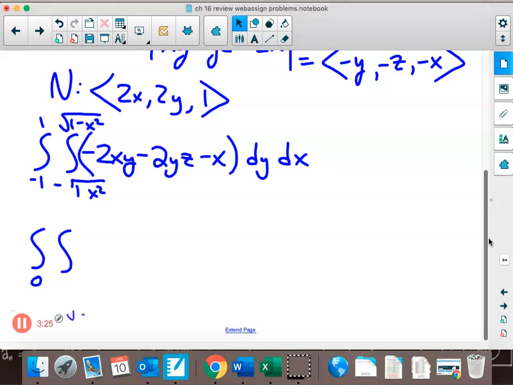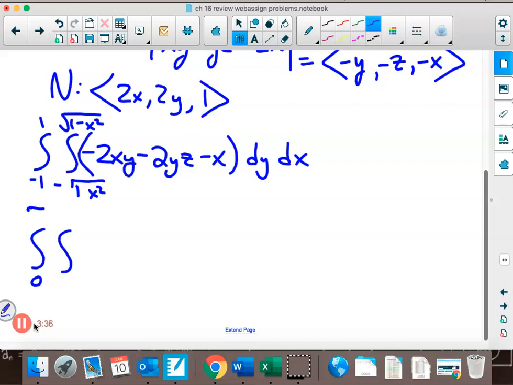Okay, let me pause. We're only in the first octant, which means we're not going 0 to 2 pi. We're just going from 0 to pi halves. And then our radius is 0 to 1. All right, I'm going to use a couple steps here.